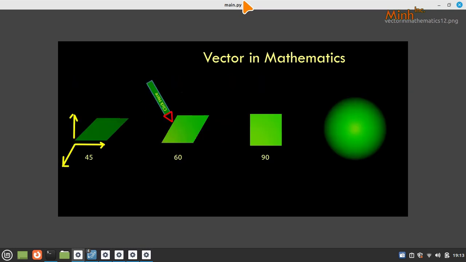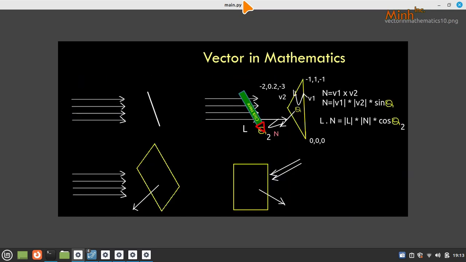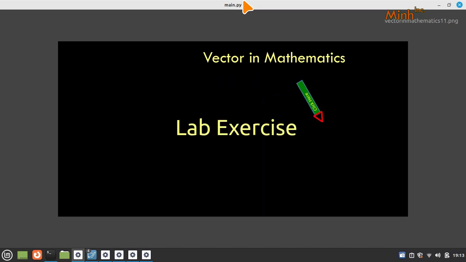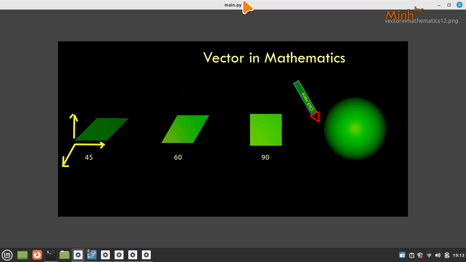In the lab exercise we saw that if the angle is less, the normal is weak. If the angle is more, the normal is more, and when the angle is maximum, the normal is maximum. If the normal is maximum, then L dot N is maximum, so the light absorbed from the light source is maximum here and less here.